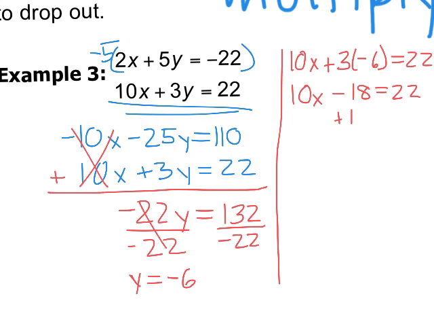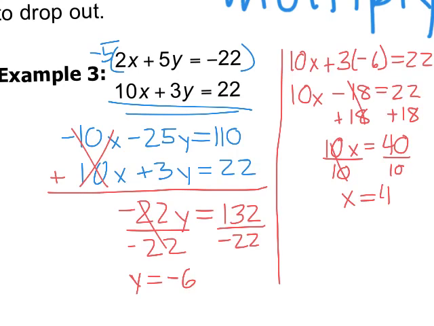So I want to add the 18 over to the other side. I end up with 10x equals 40. Divide by 10, and x is 4. So again, be careful on your ordered pairs. Always make sure it's x comma y. So that would be 4 comma negative 6.